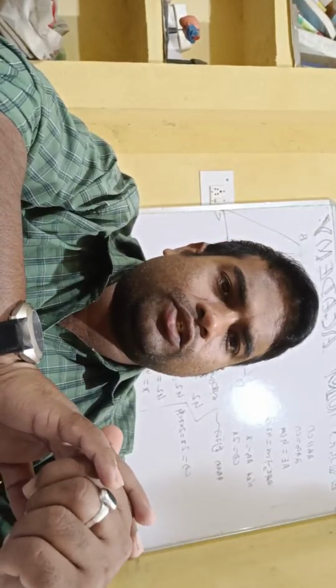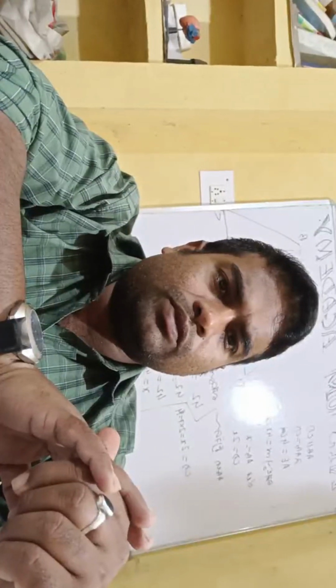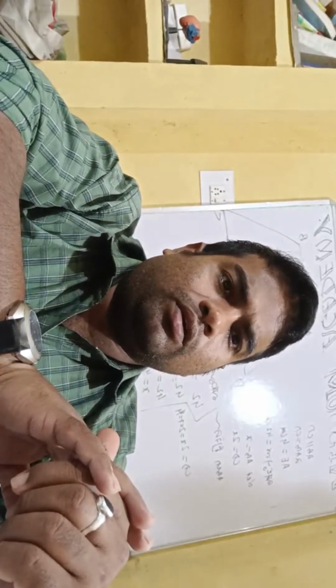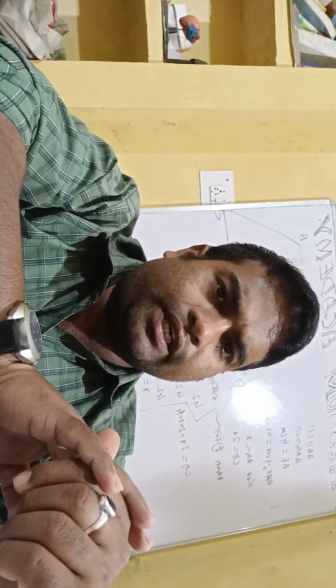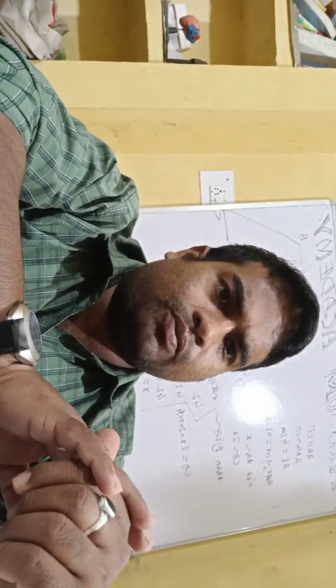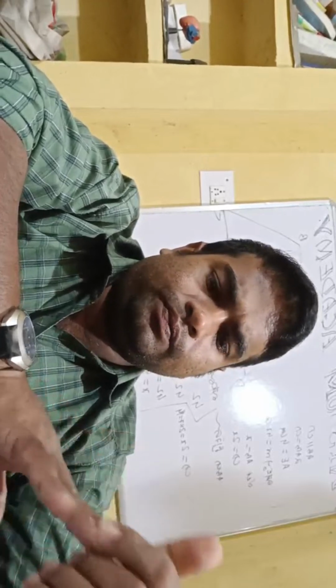Sulfuric acid H2SO4: 2 atoms of hydrogen plus 1 atom of sulfur plus 4 atoms of oxygen. 2 plus 32 plus 4 into 16, 64, which is 98 u.